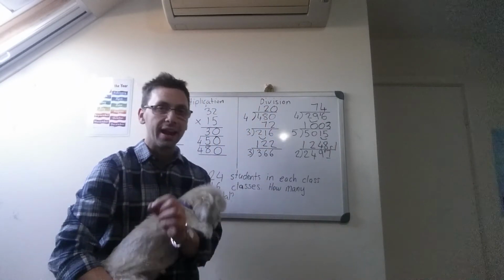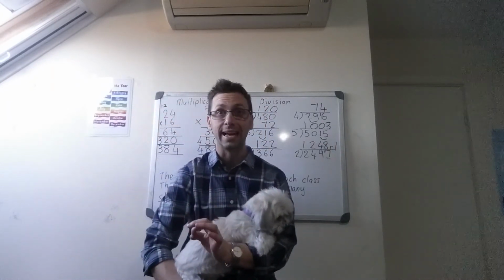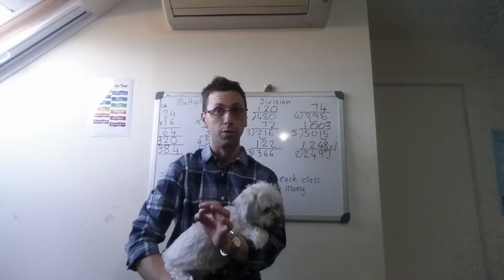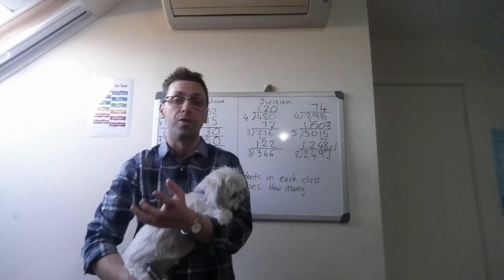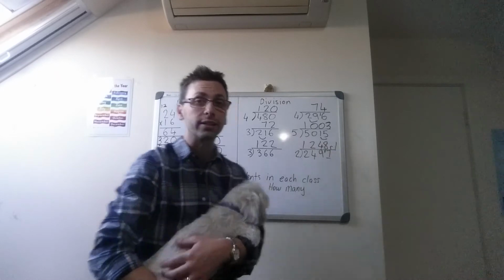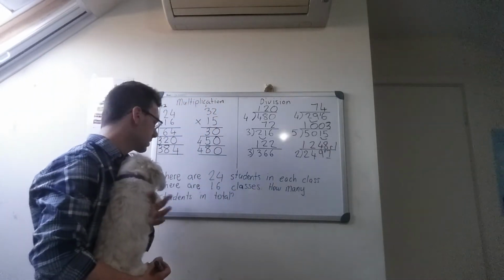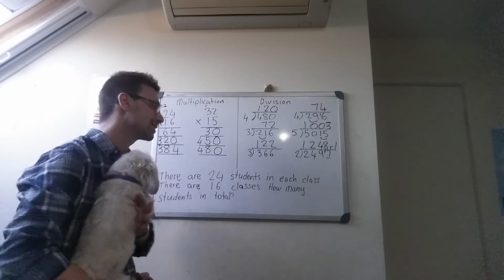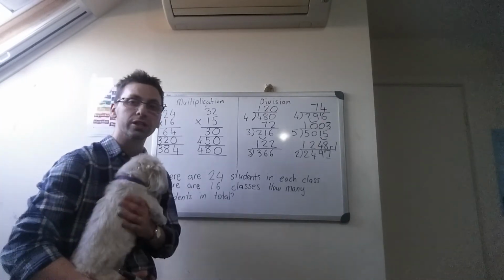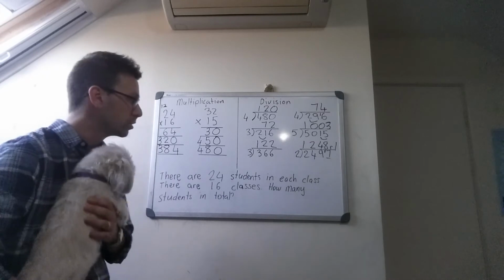Now at the beginning of the video, I said problem solving, when to divide or when to multiply. Let's read the question. There are 24 students in each class. There are 16 classes. How many students are there in total?